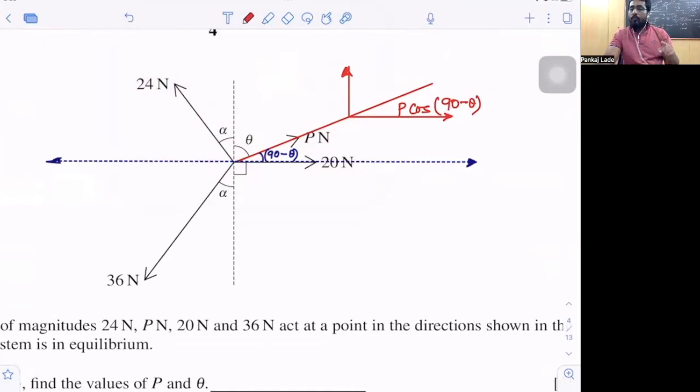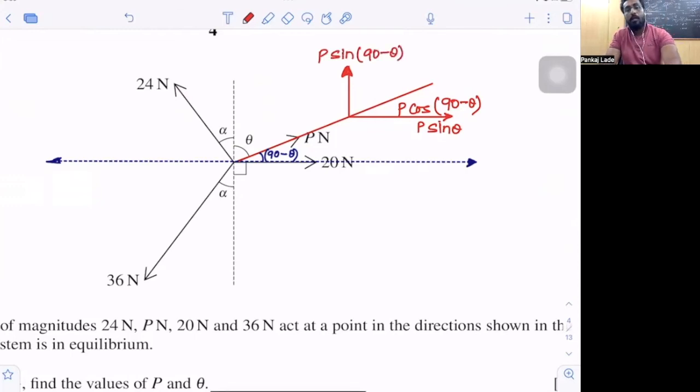You need to have your formulas well prepared, students. If not, please make an effort to learn the formulas. So this is nothing but P sine theta. Cos of 90 minus theta is what? Sine theta. So that's P sine theta. And the vertical component is going to be what? It's going to be P sine of the angle with the horizontal, which was 90 minus theta.